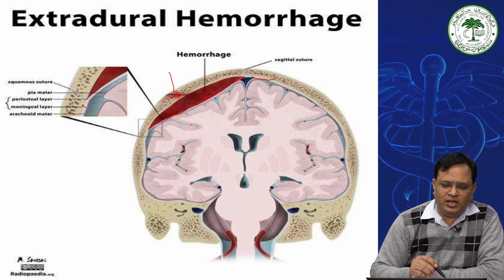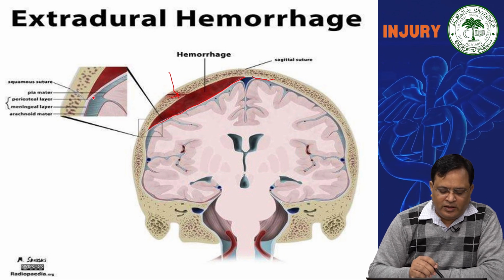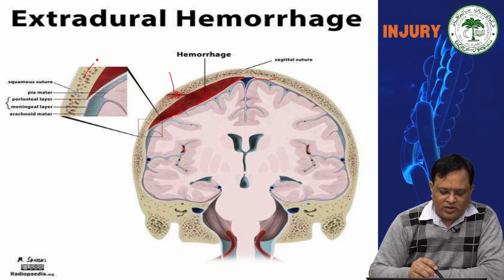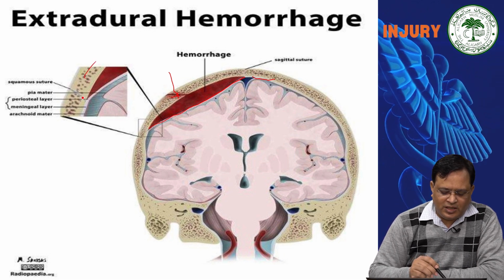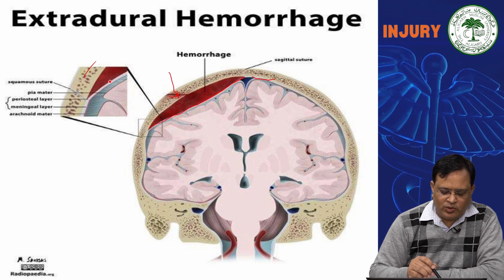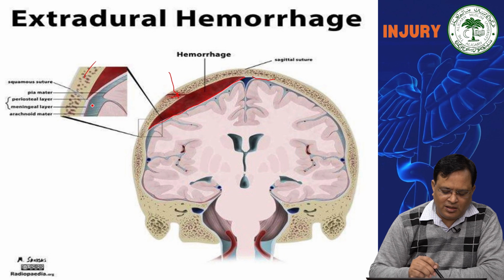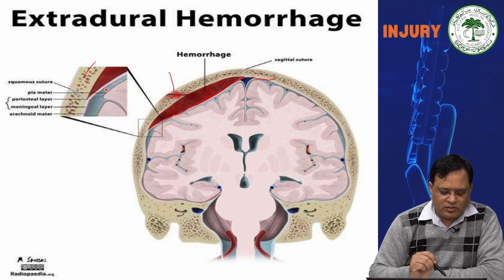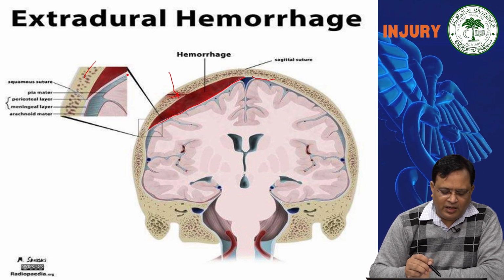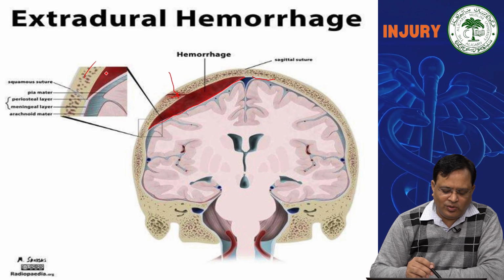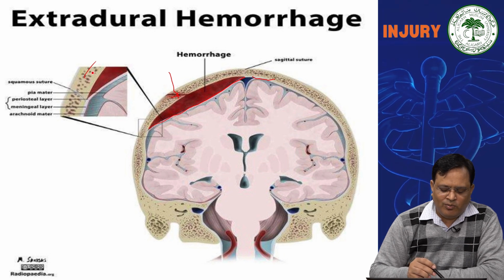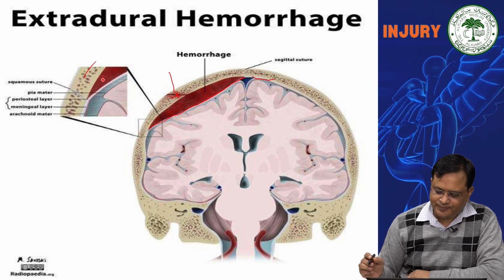If we see the diagram here, then we can see that this is the bone, then we have periosteum here, then the dura mater is here, the subarachnoid space is here, and the pia mater is also covering the brain, and the blood has collected into the space between the bone and the dura mater.